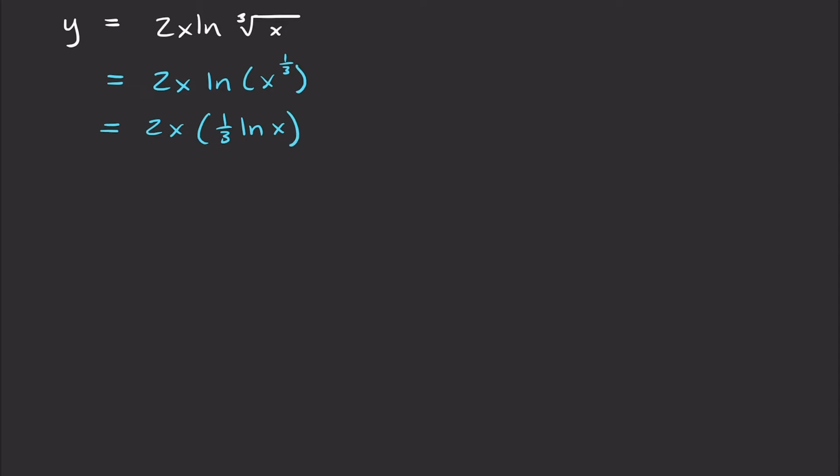And now I have two functions of x, so I'm going to have to do a product rule to find the derivative. So dy/dx is going to be u prime v plus u v prime. So the derivative of the first times the second plus the first times the derivative of the second.